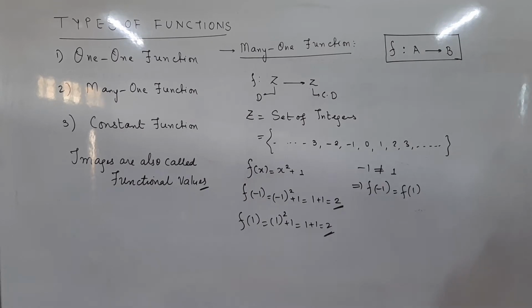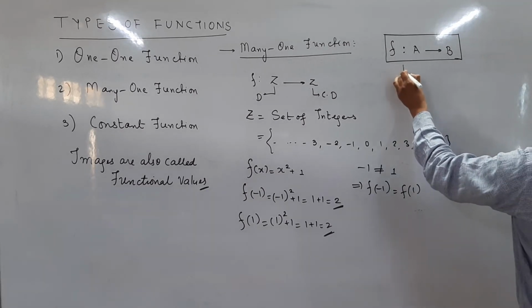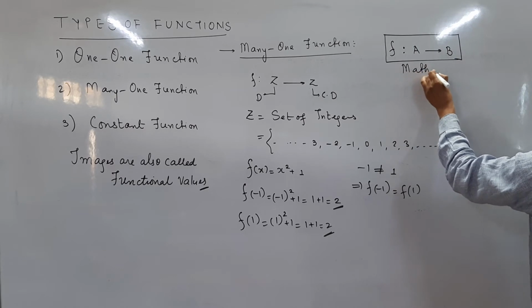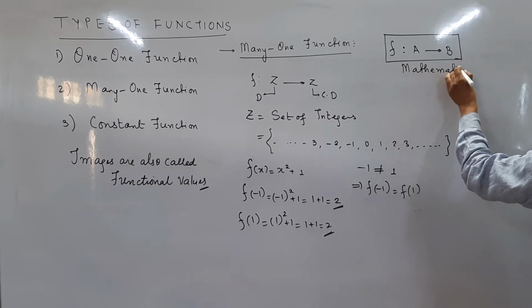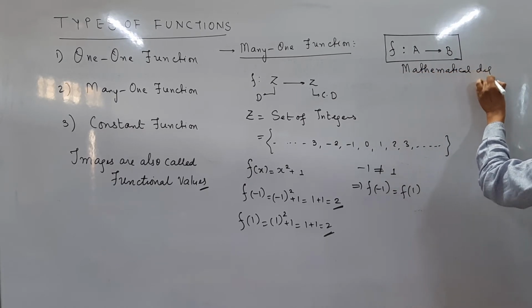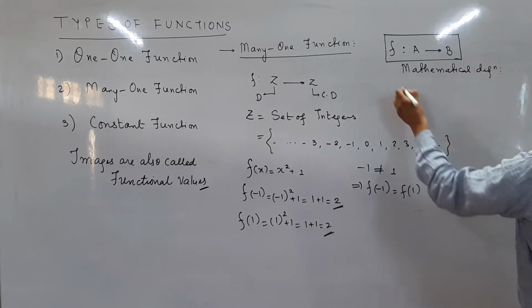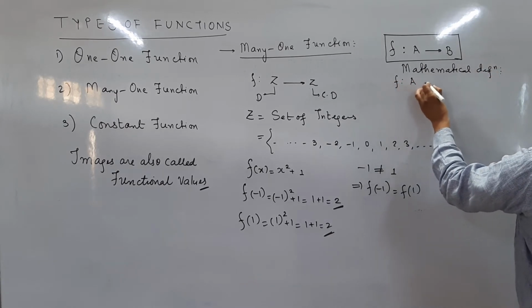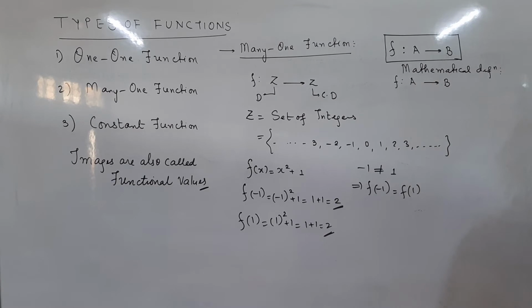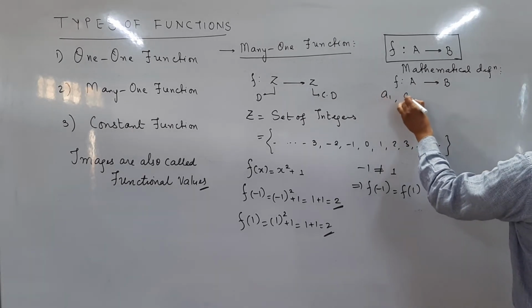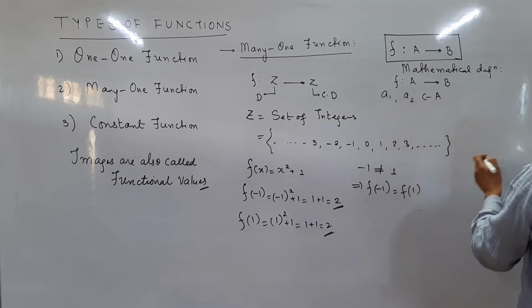So what will be the mathematical notation for a function which is many one? Mathematical notation or mathematical definition. Suppose f is a function defined from A to B. A1 and A2 are any two distinct elements of domain.